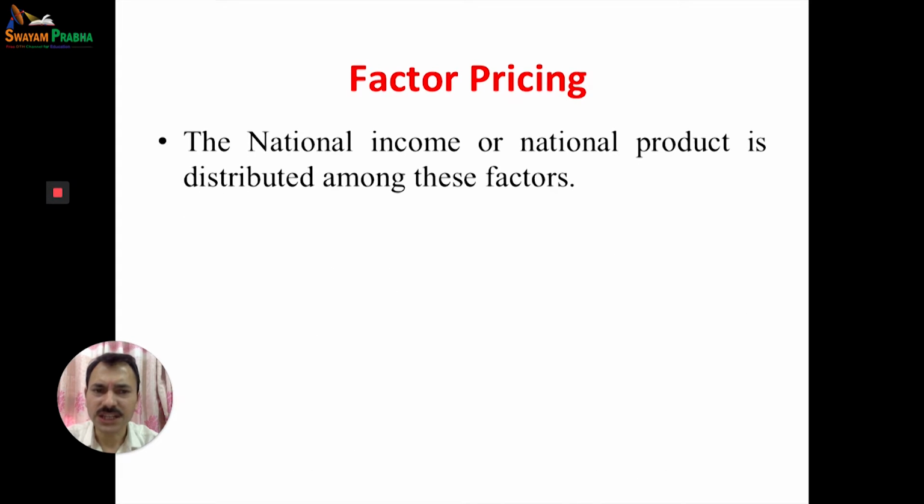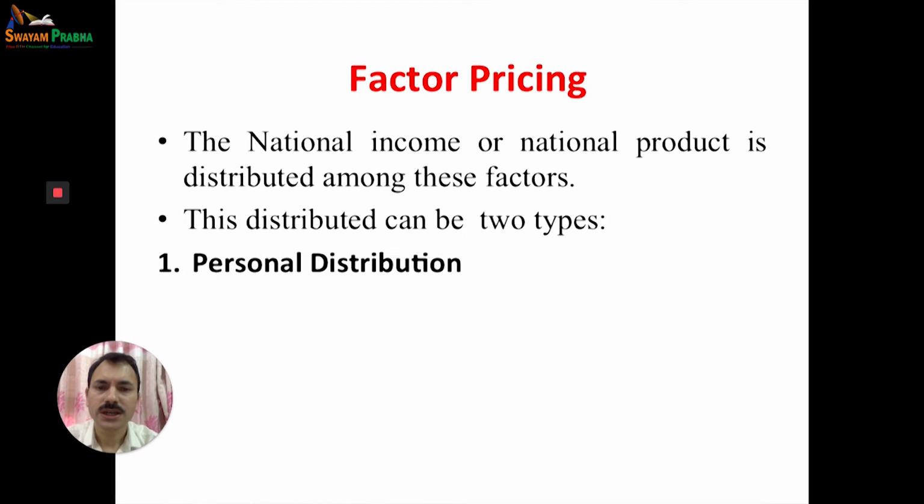The national income or national product is distributed among these factors of production. And this distribution can be of two types: one, personal distribution, and two, functional distribution.